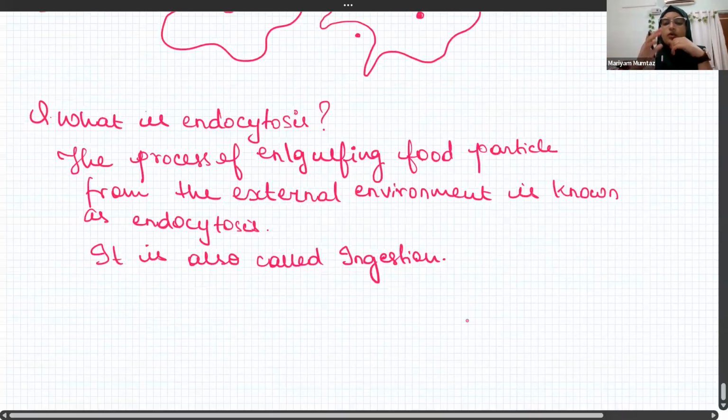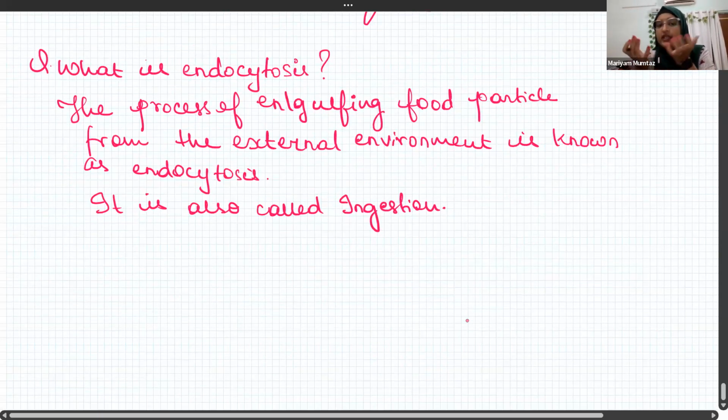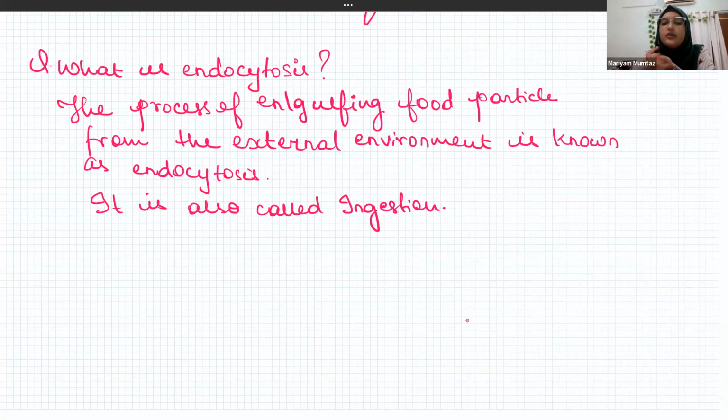This whole process of endocytosis, or ingestion, takes place only because the plasma membrane is semi-permeable, so it can engulf or take food inside the body, like absorbing it. That absorbing property is because of the flexible nature of the plasma membrane.